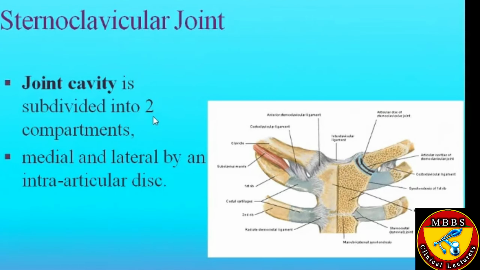Since this is a synovial joint, it is subdivided into two compartments, and that is why we call it a compound type of joint. These two compartments are divided by the presence of an interarticular disc, and we label them as the medial and lateral compartments.